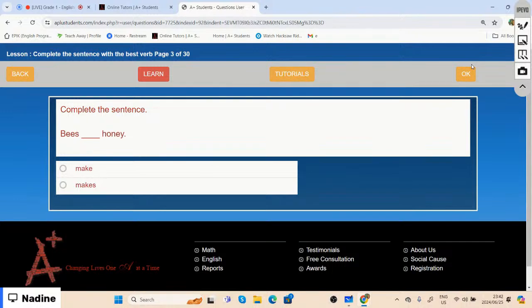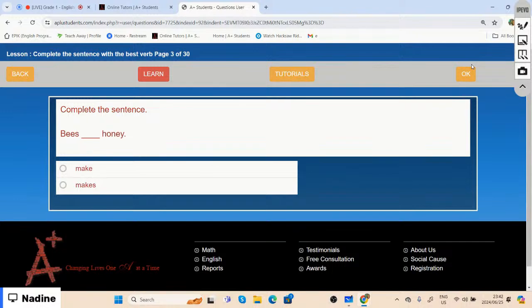So it's present tense. It's like happening now. If we had to say it's in the past, right? Then we would say made. So make is in the present, made is in the past. So it is present tense.